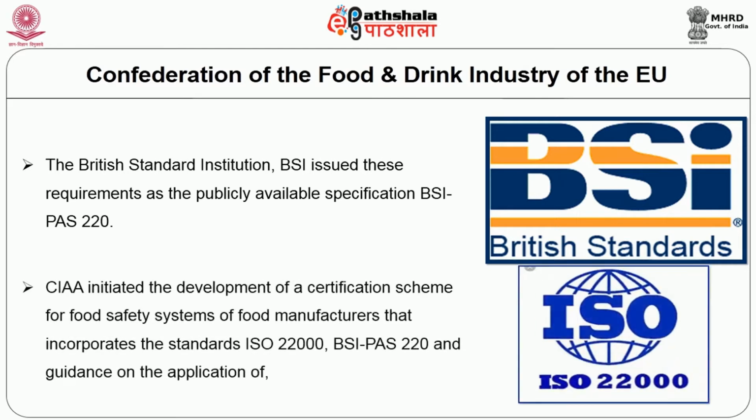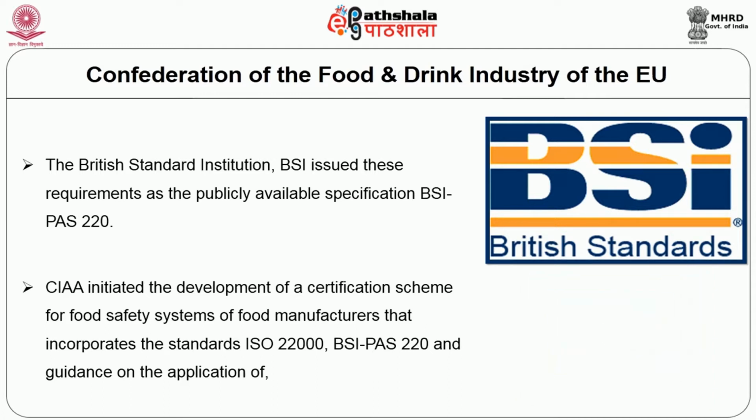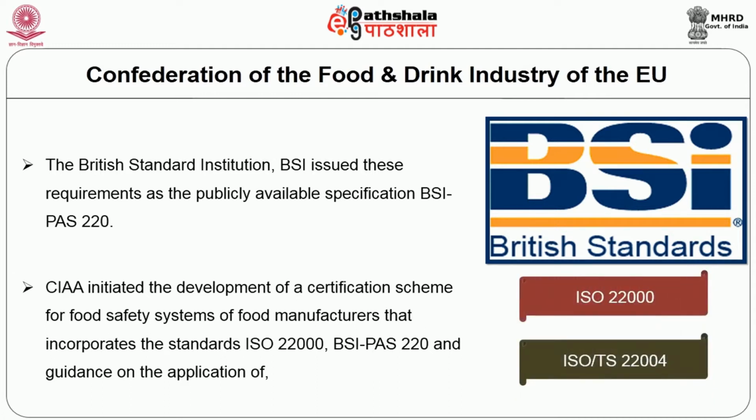As a next step, CIAA initiated the development of a certification scheme for food safety systems of food manufacturers that incorporates the standard ISO 22000, BSI PAS 220 and guidance on the application of ISO 22000, ISO TS 22004.